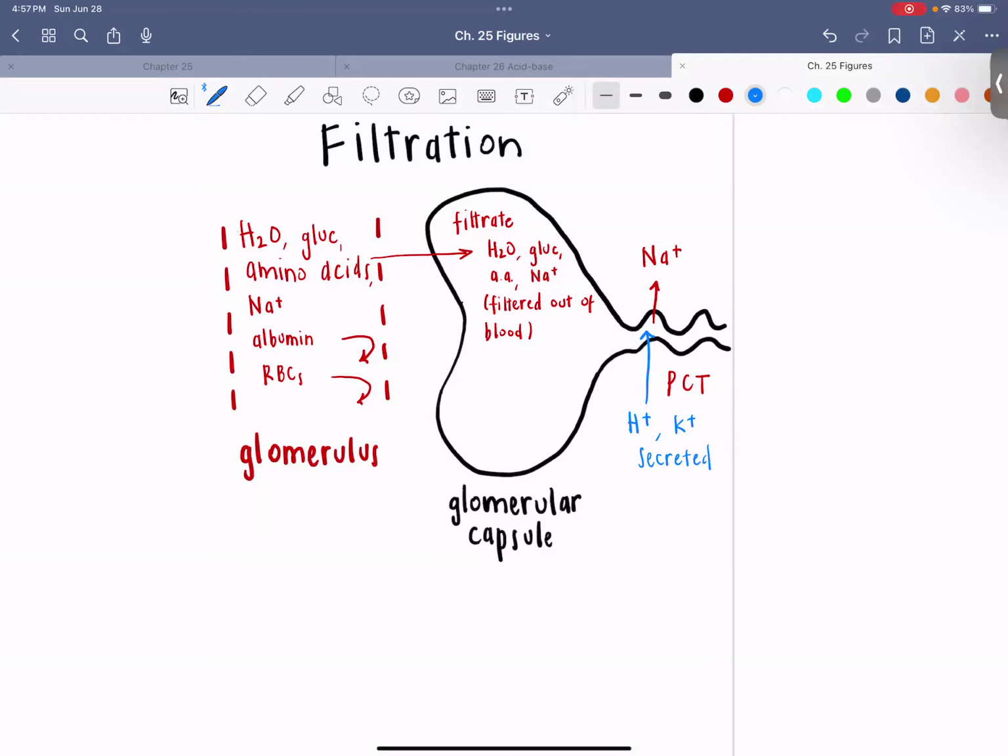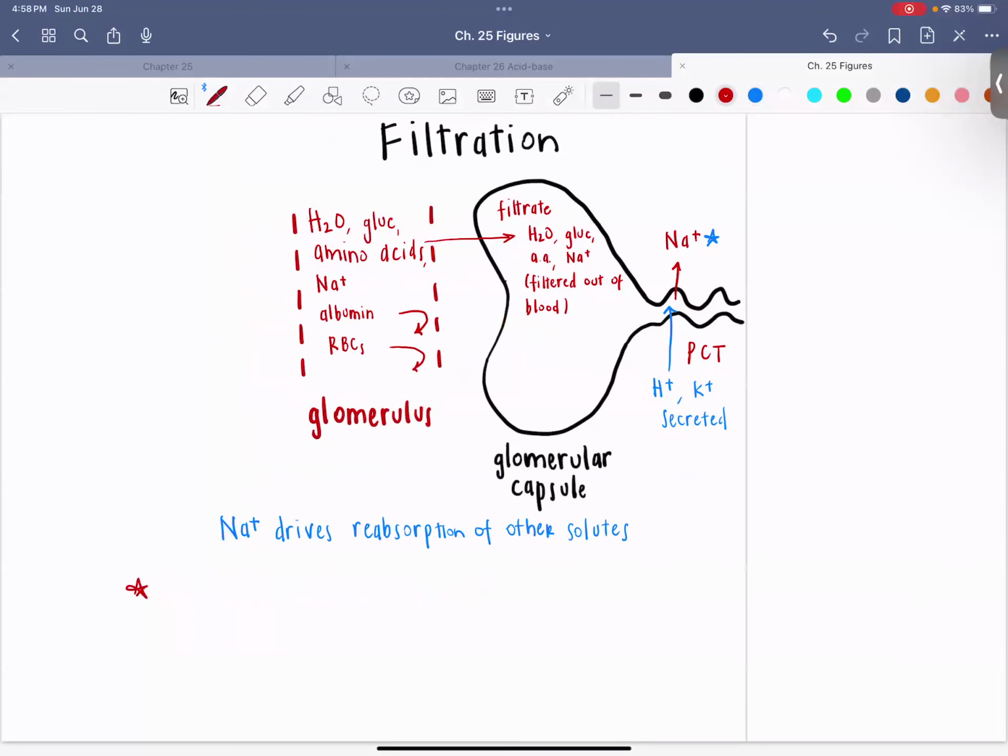You should know that sodium drives the reabsorption of other substances. So when sodium is reabsorbed, you know that water follows. This establishes a concentration gradient of these other solutes, and then they're going to move passively down their concentration gradients.